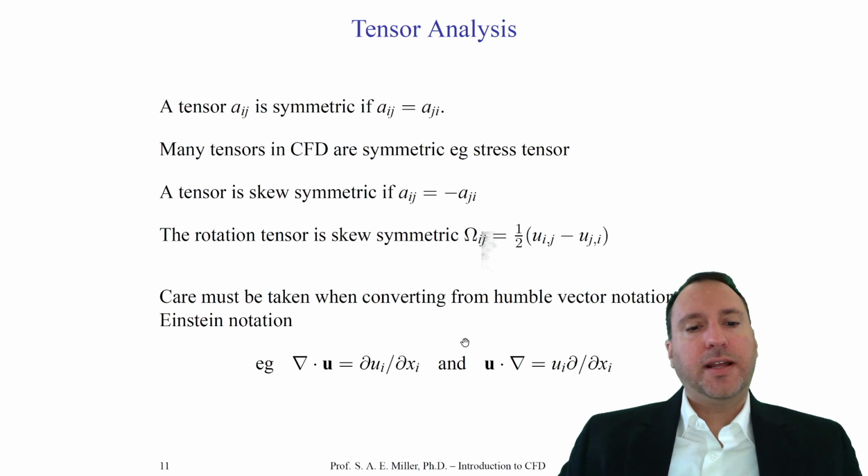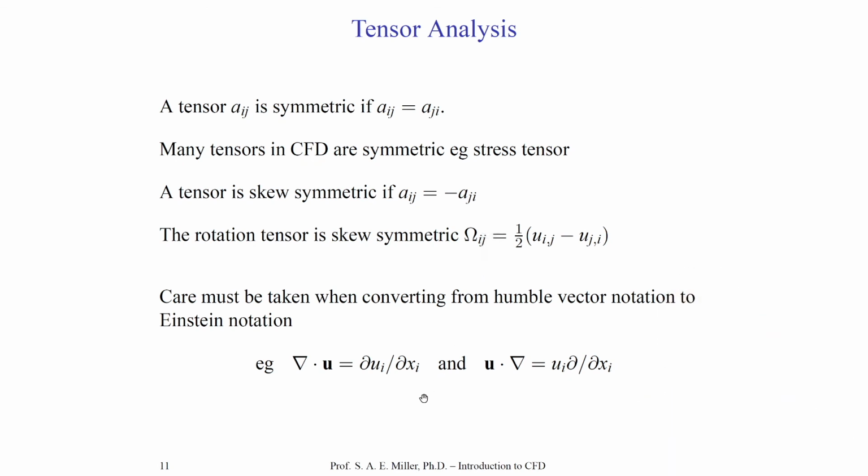Now, remember, care must be taken when converting from the humble vector notation to Einstein notation. Einstein notation, index notation, was really used by Albert Einstein in some of his work to compactly write the equations of motion. It has been adapted by many communities to write and perform mathematics, especially in the field of fluid dynamics. If you remain in the field, it's good to get used to this type of notation. Let's look at these particular forms, just as a reminder.